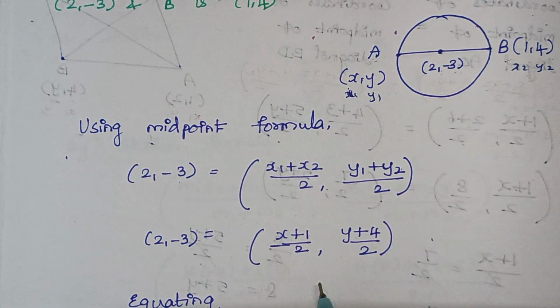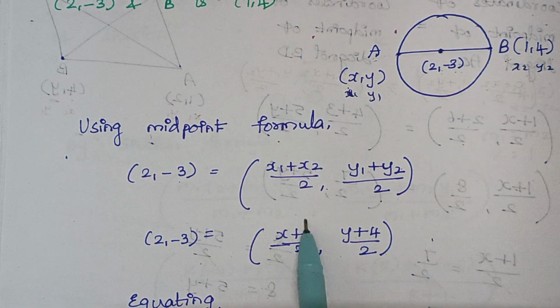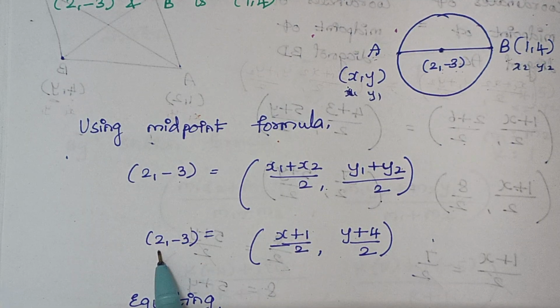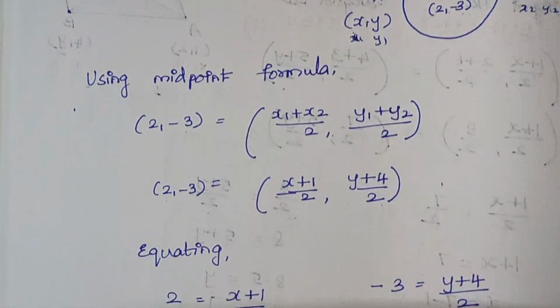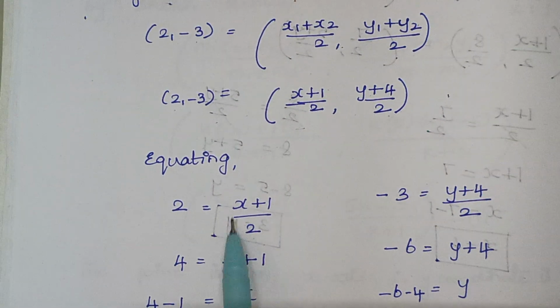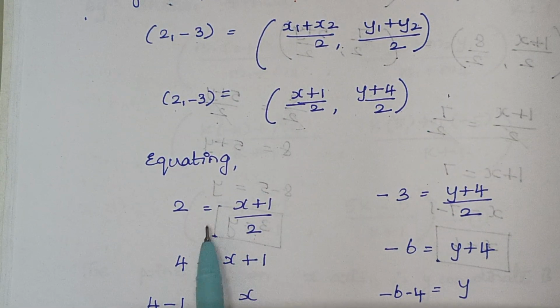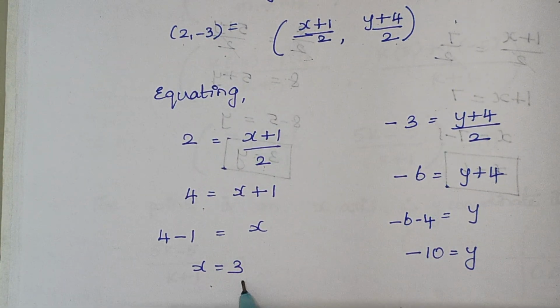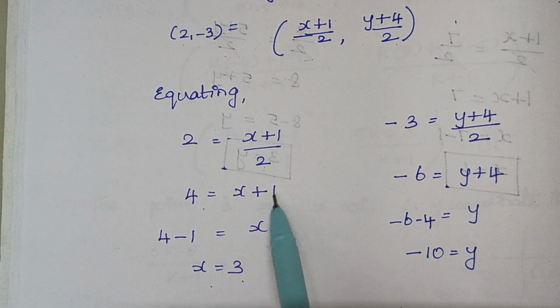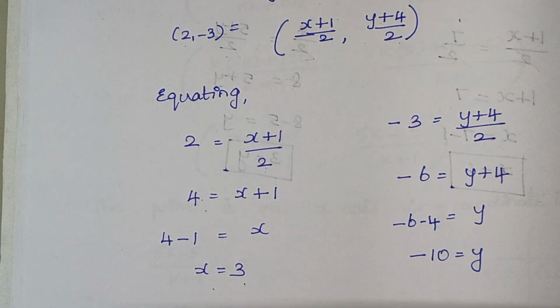Now we are going to equate the terms. So x plus 1 by 2 is equal to 2 and y plus 4 by 2 is equal to minus 3. So x plus 1 is equal to 2 into 2 becomes 4, and x is nothing but 4 minus 1 which is equal to 3. I am moving this plus 1 to the left hand side, therefore it becomes minus.